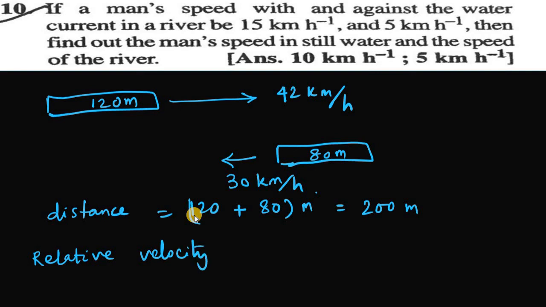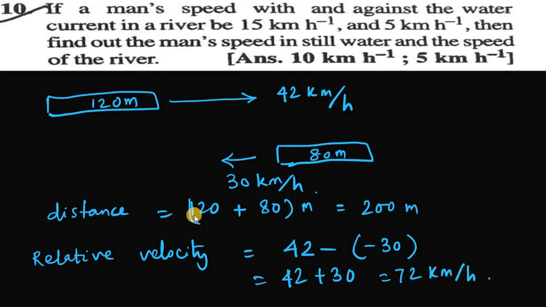Here I'll be taking the higher one as positive, and I'll be subtracting the other one with a negative sign because it is coming from the opposite end. So subtracting with a subtraction sign, they will basically add up. So 42 plus 30 will give rise to 72 km per hour.